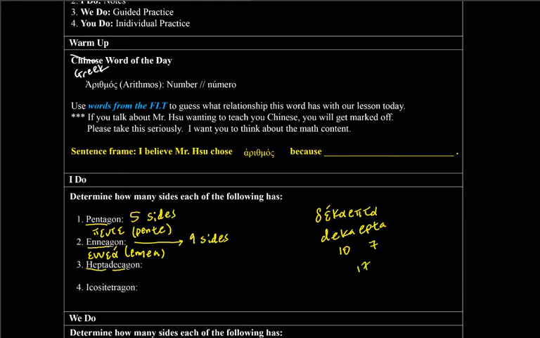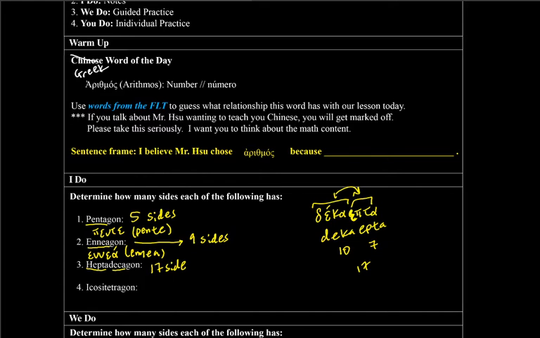For whatever reason, when we are doing this, they just switch it. They switch it, and then put an H. So this means 17 sides. Remember the original word, decaepta, and then we just switch it: heptadecagon.